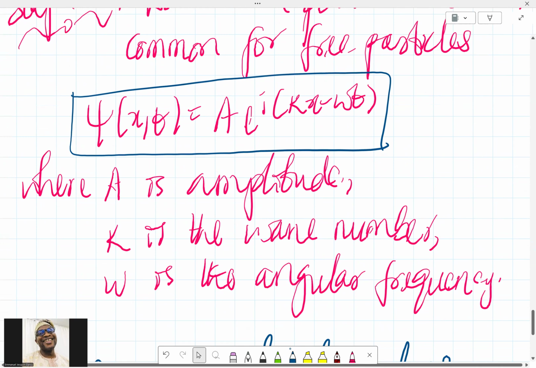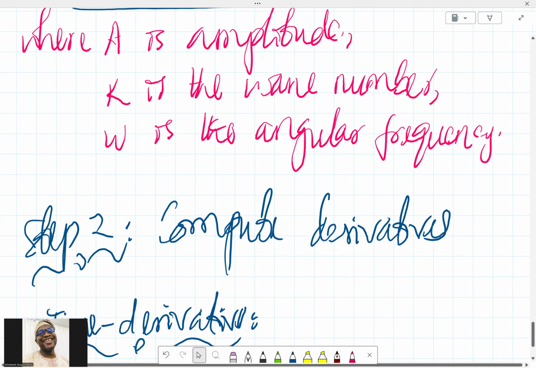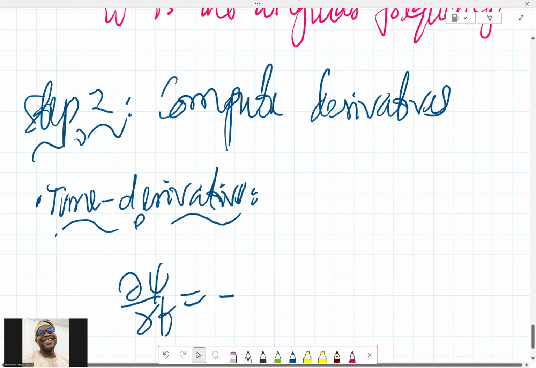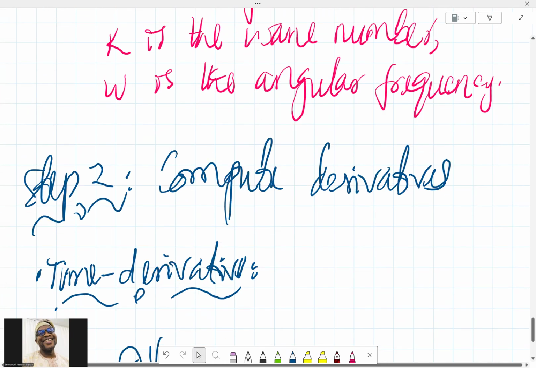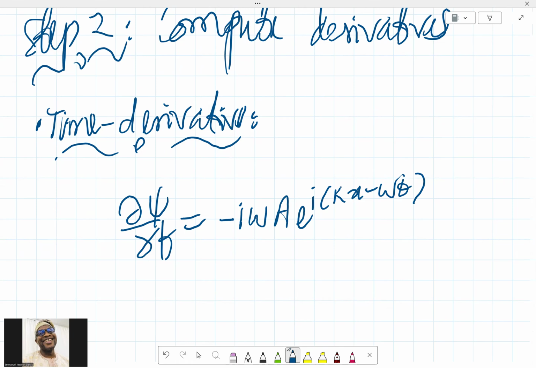So for the time derivative, you're going to have some negative values. So minus i omega A e raised to the power i times kx minus omega t.